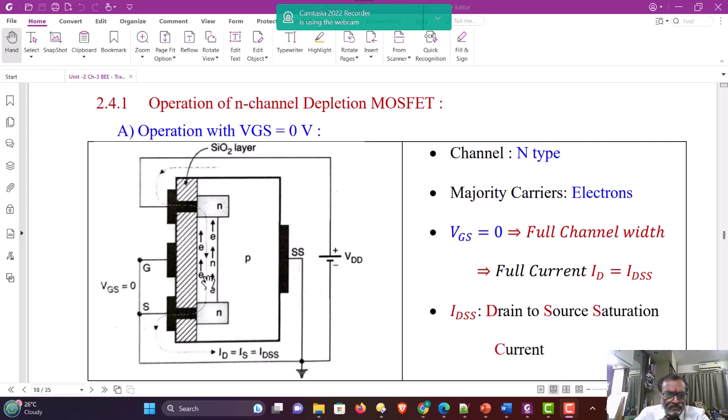Now when the electric voltage VDD is applied to the upper terminal and common or ground terminal is connected to the source terminal, the electric field is established in the channel and it attracts the electrons present in the N type of channel via the upper terminal.